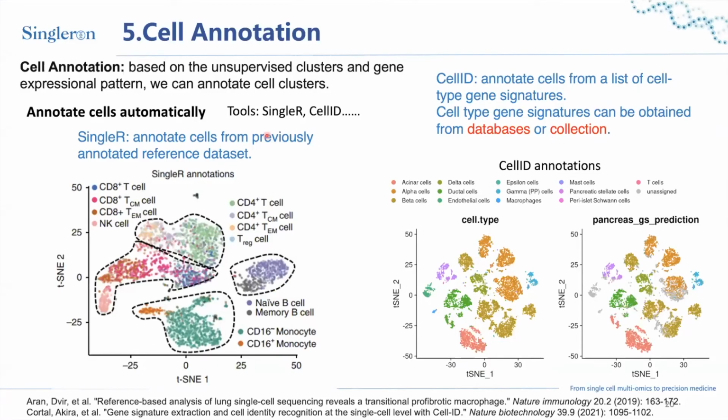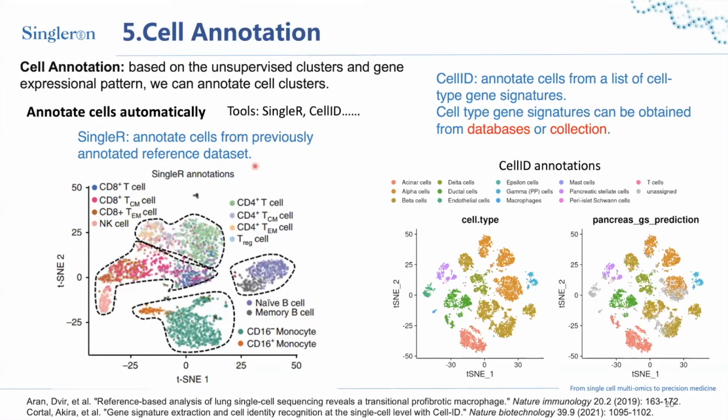Another way is to annotate cells automatically using software. There are actually a lot of automatic annotation software packages. Here I listed 2 of those: one is SingleR and one is CellID. SingleR is designed to annotate cells from previously annotated reference data sets.